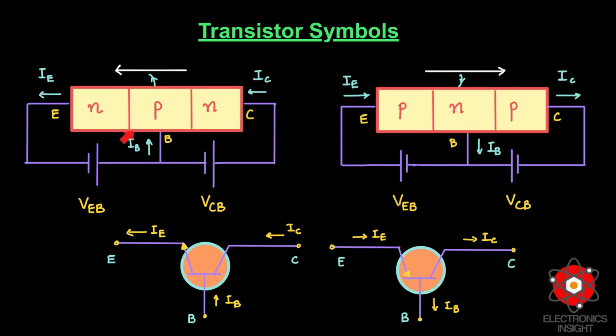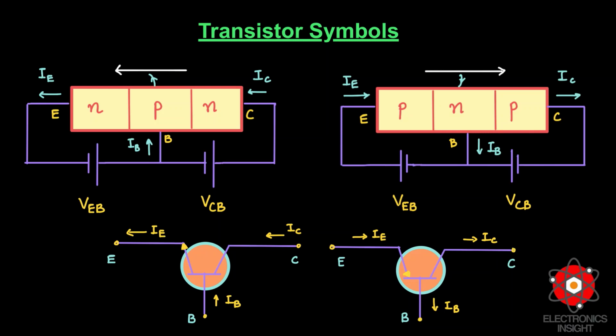There is one PN junction here and the other PN junction here. So a transistor in general is considered as a combination of two diodes connected back to back. And here you can see that there are three different terminals, where from each doped semiconductor section there is one terminal.